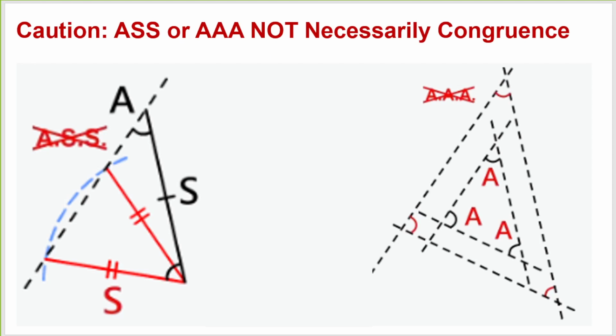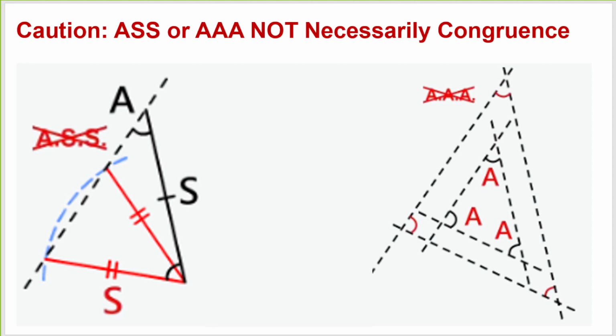Why is that? Because if you consider these two triangles here, they have the same angle here, right? A, and they have the same sides. This side equals this side equals this side, but they are not congruent with each other. Also, if you only have AAA, which means three pairs of equal angles, apparently you can draw two triangles, right?